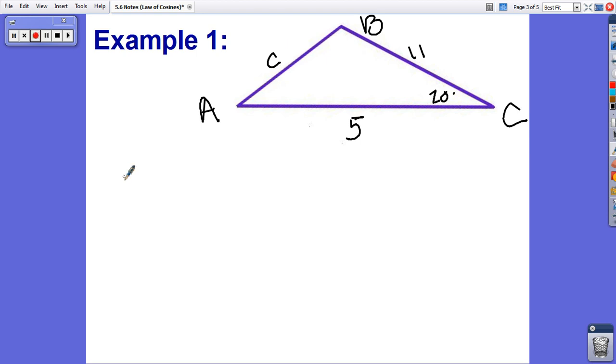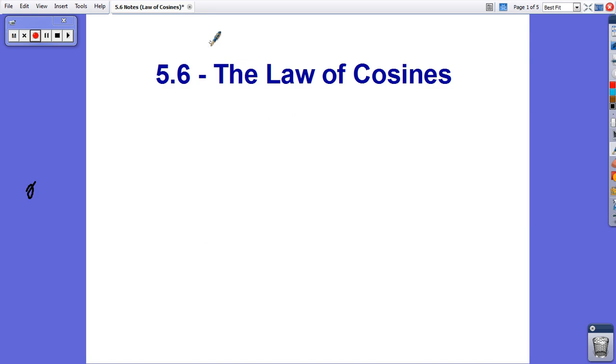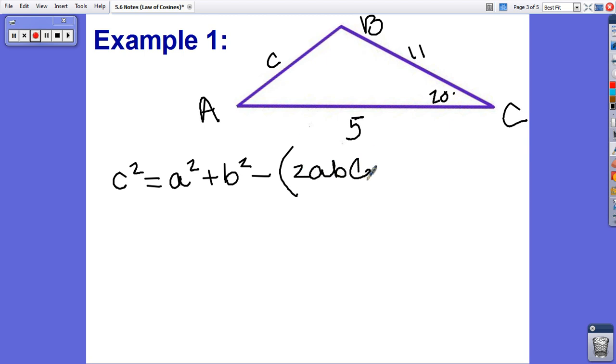So if you went back and looked, or if you have it in your notes, we're going to use this first formula here to find little c, and it's little c squared to start. So it would be c squared is equal to a squared plus b squared minus, and I'm going to put in parentheses, 2ab cosine c.